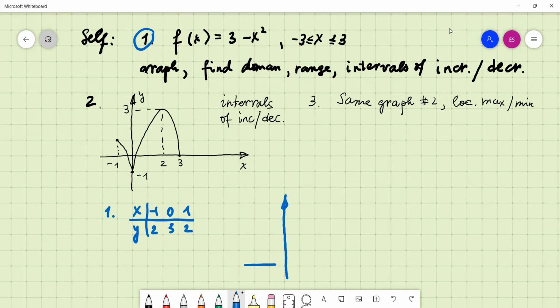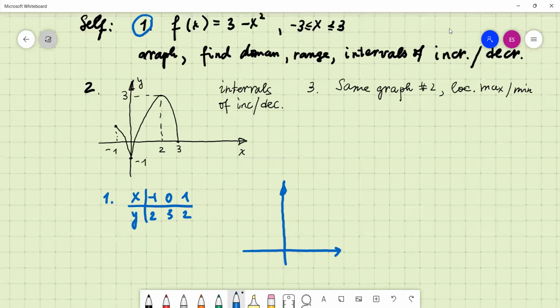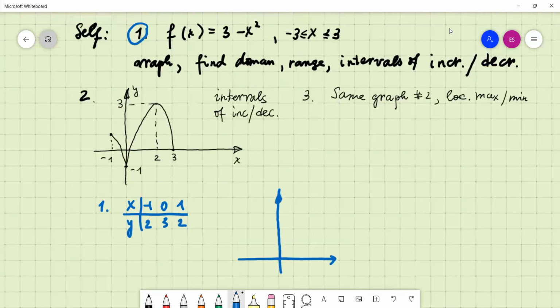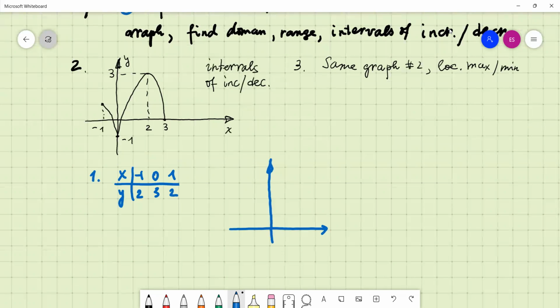I'll need 3 units at least. All right, okay. So what I have, at -1 is 2, then 3, and then 2 again. That's 1, that's 1, that's x, that's y, and that's how my graph is going to look. So that's just a parabola, right?